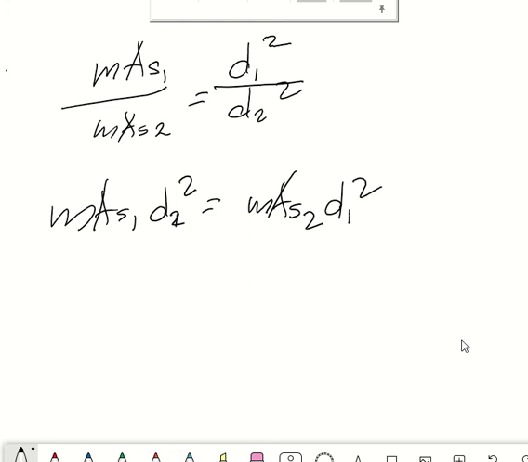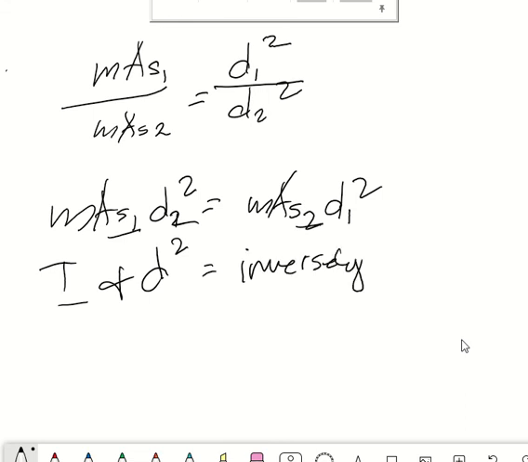So they are directly related. So ang intensity and distance squared, they are inversely related. Ang MAS and distance squared, they are directly related.